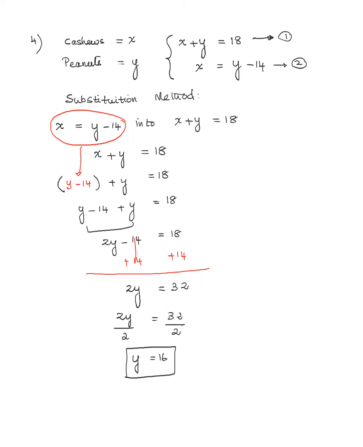So the question is, find how many pounds of peanuts did he order? That means 16 pounds of peanuts. He ordered 16 pounds of peanuts.